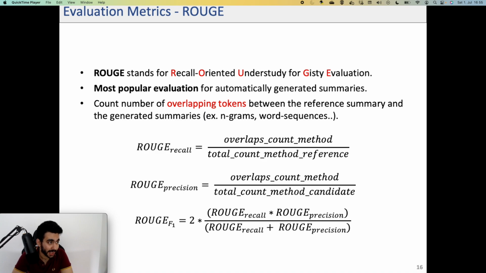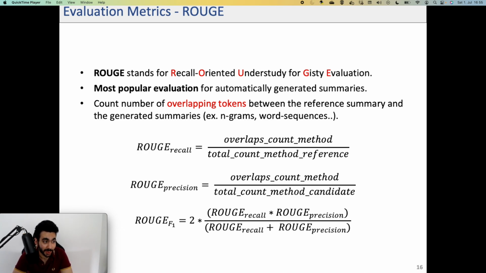The basic idea behind this is actually to count the number of overlapping tokens between the reference summary and the generated summaries. This is done via different approaches, like n-gram word sequences and so on and so forth, which we're going to go into in the next slides.